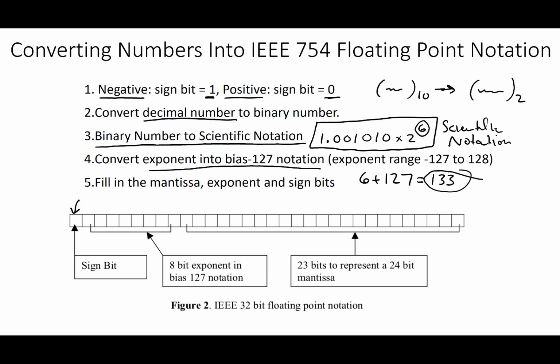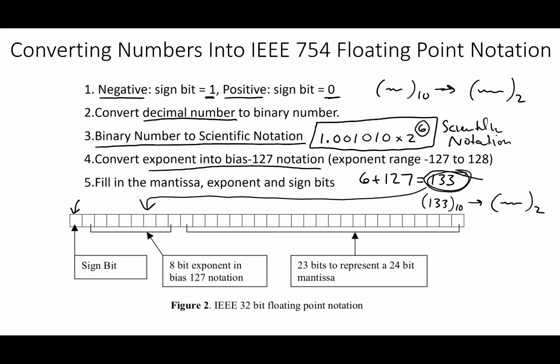Then I would write the 133 as a binary number, so I would convert the 133 from base 10 to base 2. And this is what is going to go into this exponent.